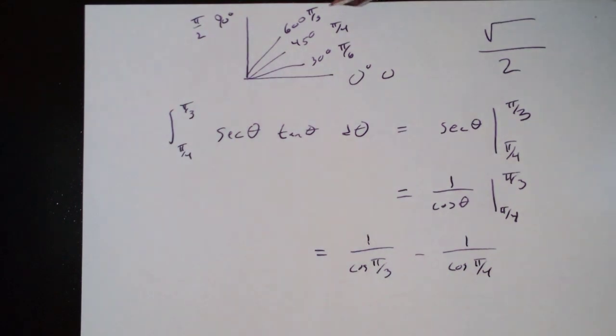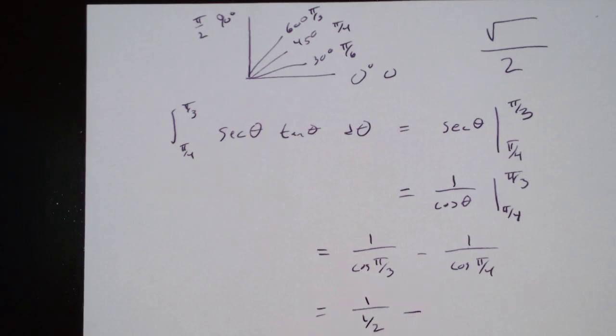Cosine of pi over 3. Cosine is top to top. So cosine is 1/2. Cosine of pi over 4 is root 2 over 2.